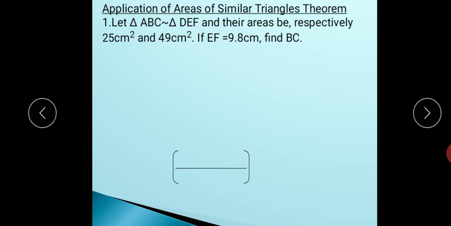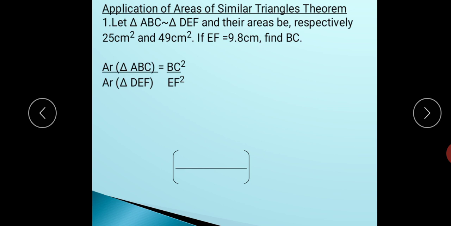You have to find the corresponding side of the other triangle, that is BC. Let's go to the basics. What this theorem says is the ratio of areas of two triangles, that is area of triangle ABC upon area of triangle DEF, is equal to the squares of their corresponding sides.